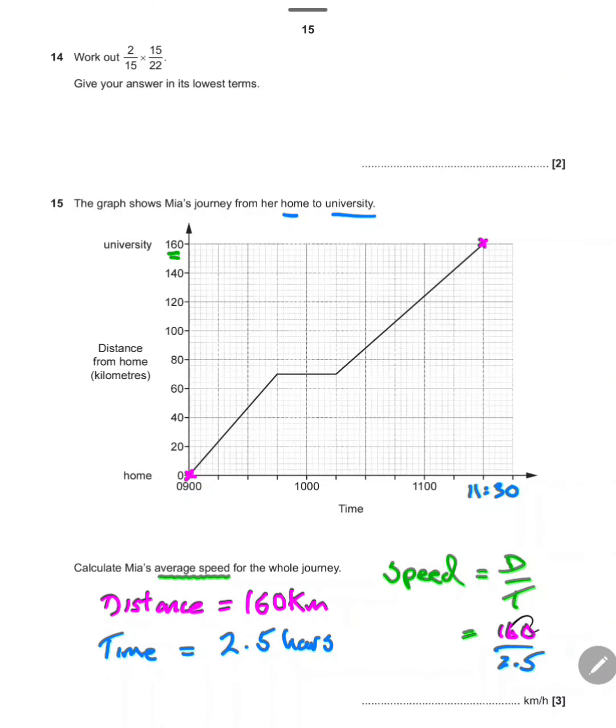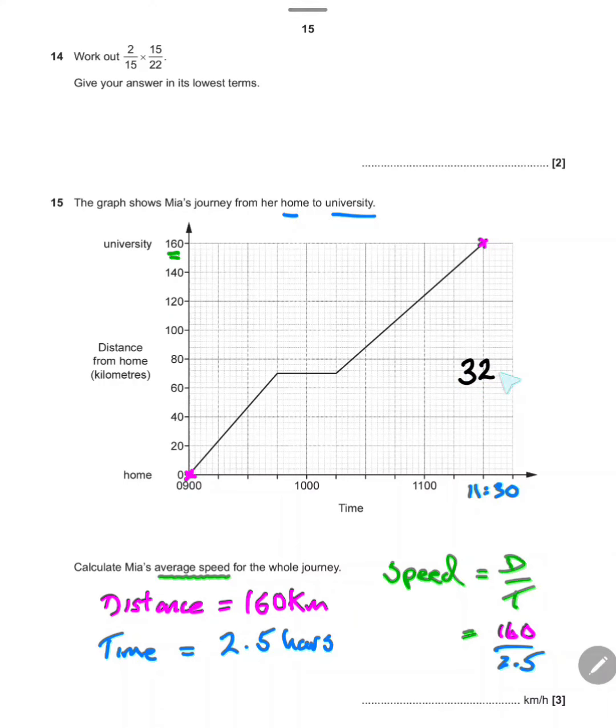Don't really want to be dividing by decimals, so I'm going to double this top number, double this bottom number, and we get 320 divided by 5. Again, I can make this simpler. If I double top, double bottom, we get 640 divided by 10, and 640 divided by 10 is 64. That is your average speed for the whole journey.